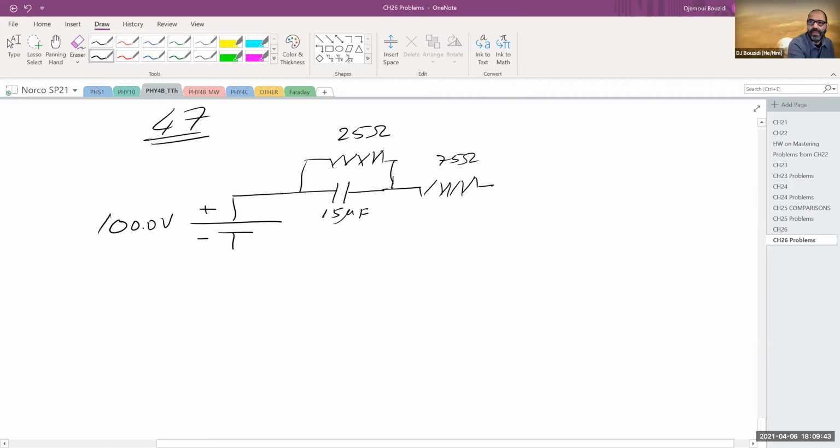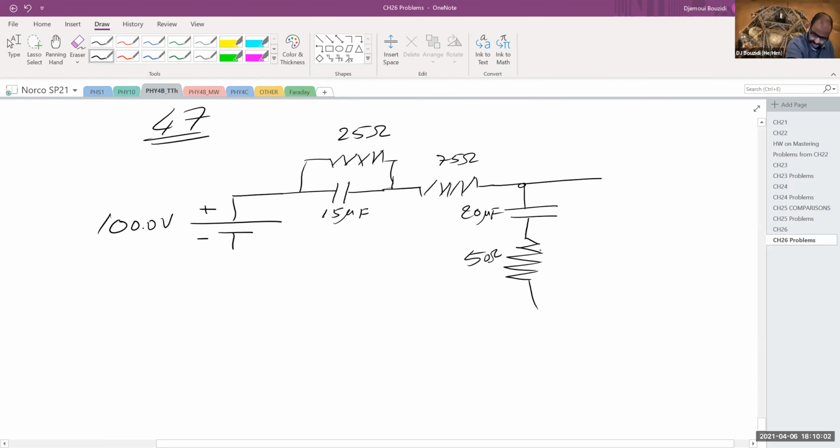And now we have a junction. In one branch, I have a capacitor of 20 microfarads, followed by a resistor of 50 ohms. Okay, this is the other branch.